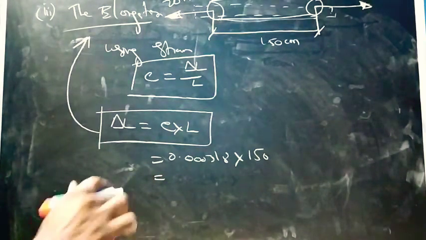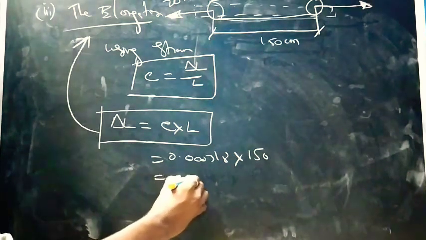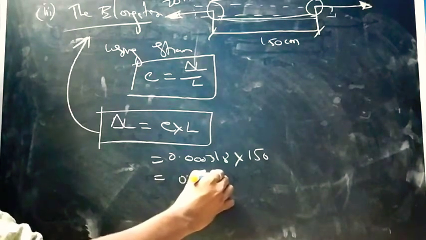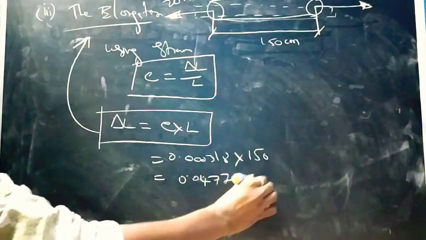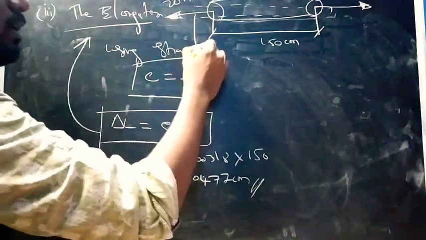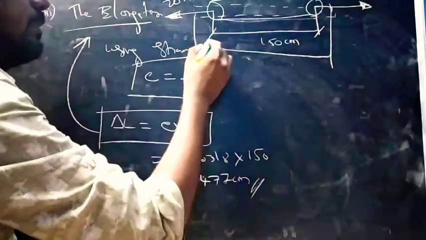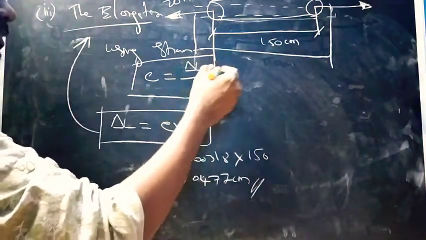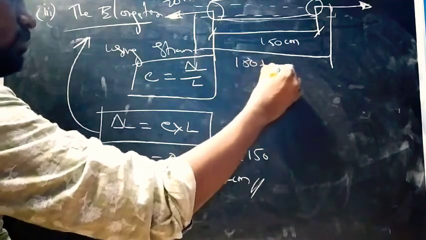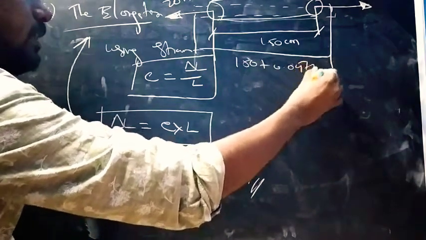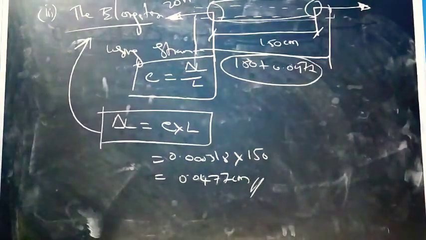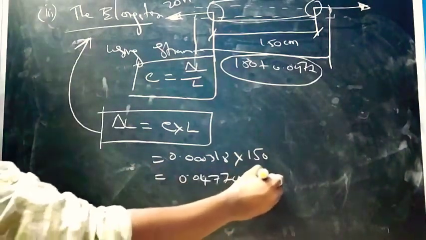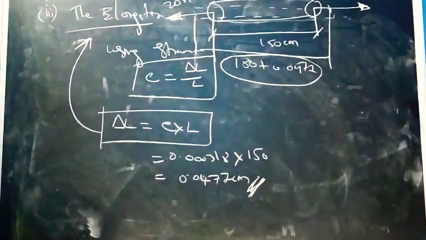If you do this, we'll get 0.477 centimeters, and the new length will be 150 plus 0.473 centimeters, the original length plus the change in length, that is the elongation, right? You got the concept? Let's see another problem.